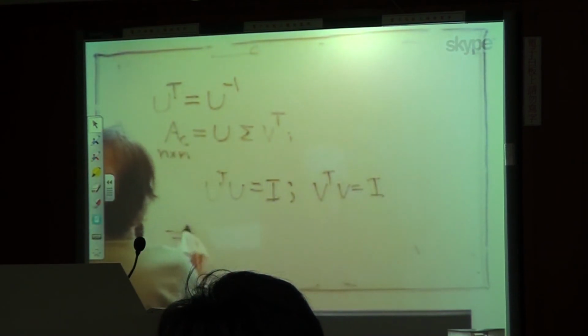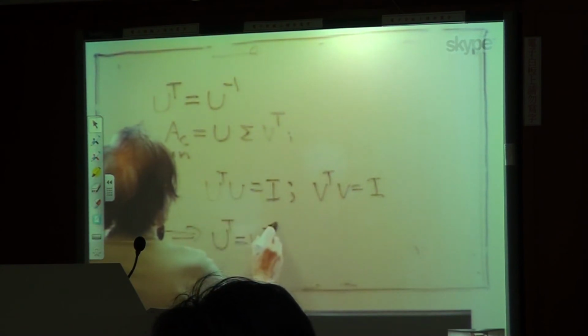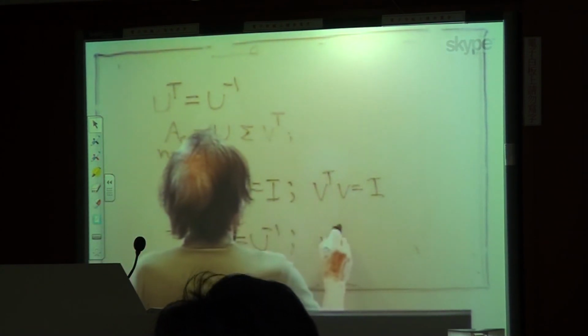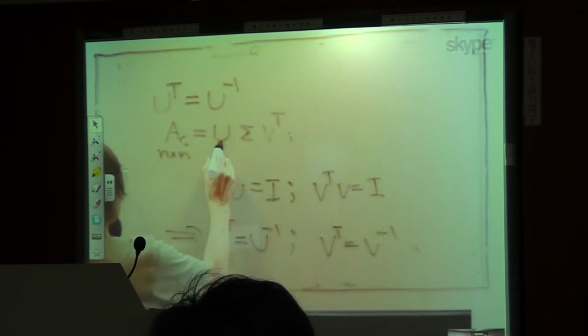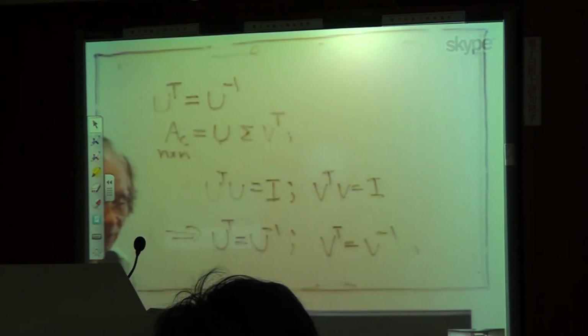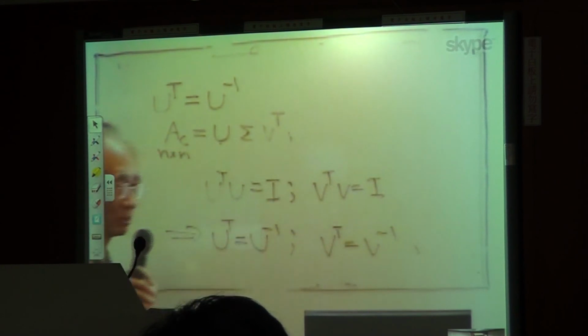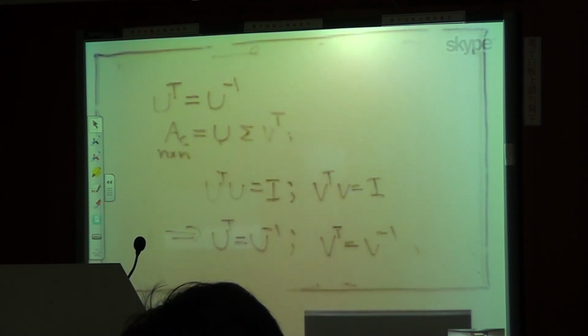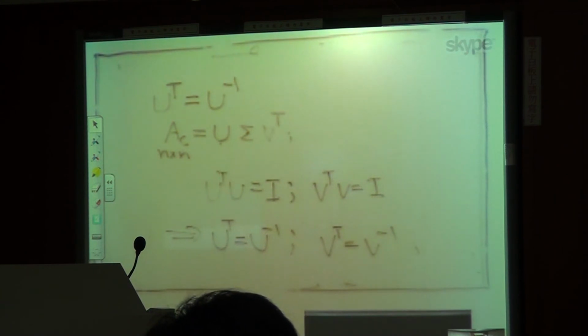That means U transpose equals U inverse, and V transpose equals V inverse. So if I use U to be my desired eigenvectors, then my inverse will be just their transpose. That means very good eigenvectors. But can I reach that?